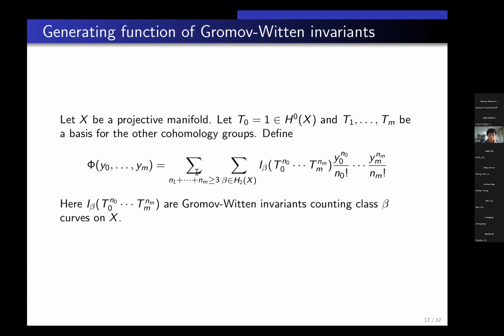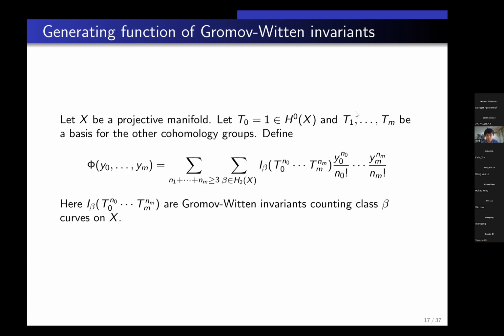Let me give another, more famous example of the WDVV equation, which is actually the original version, and it comes from the study of quantum cohomology. We have a projective manifold X, and look at its cohomology.